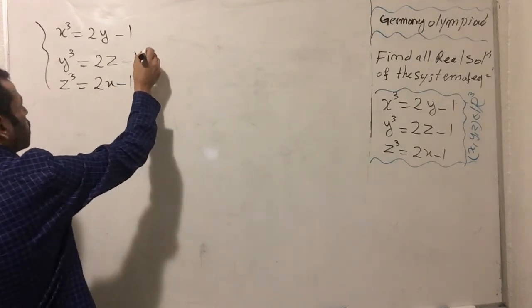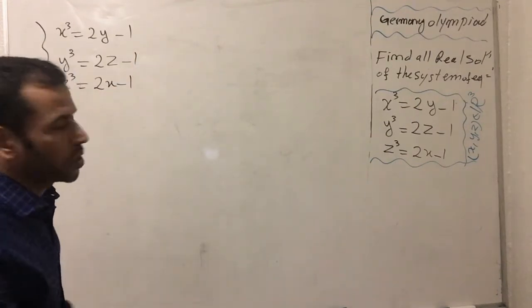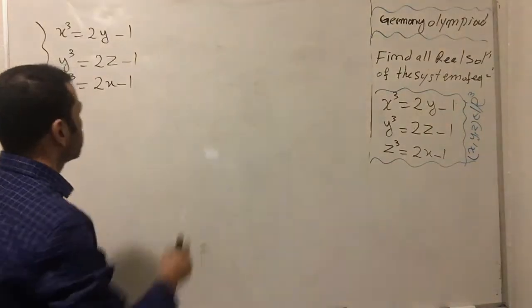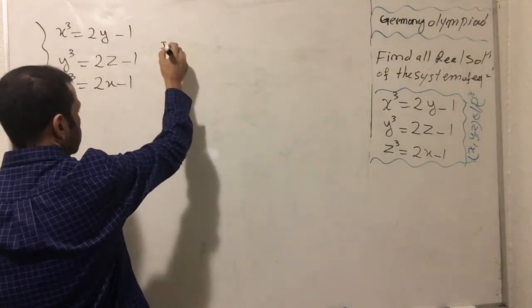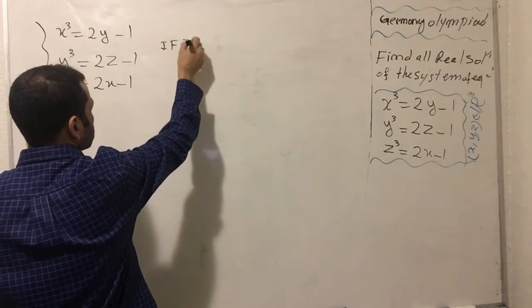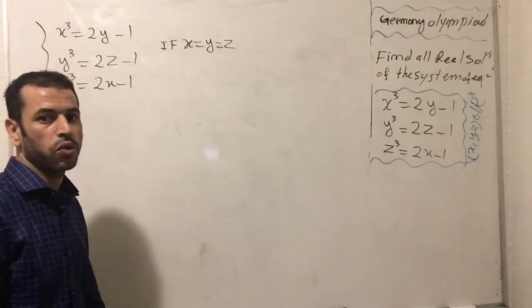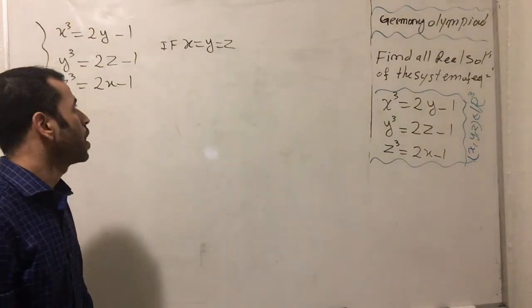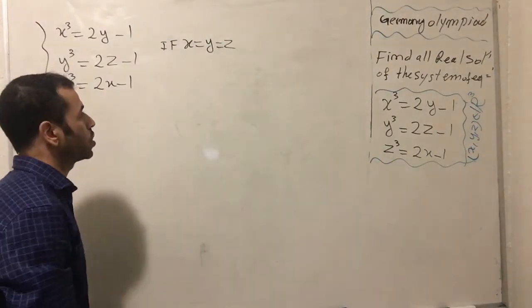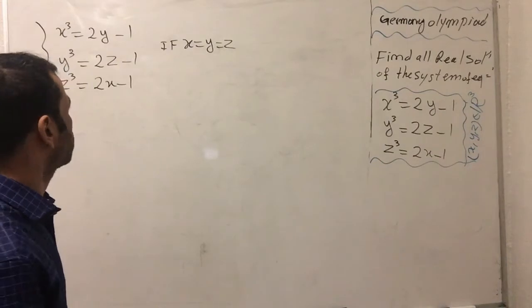Let's consider the case when we have x equal to y equal to z to see what happens.